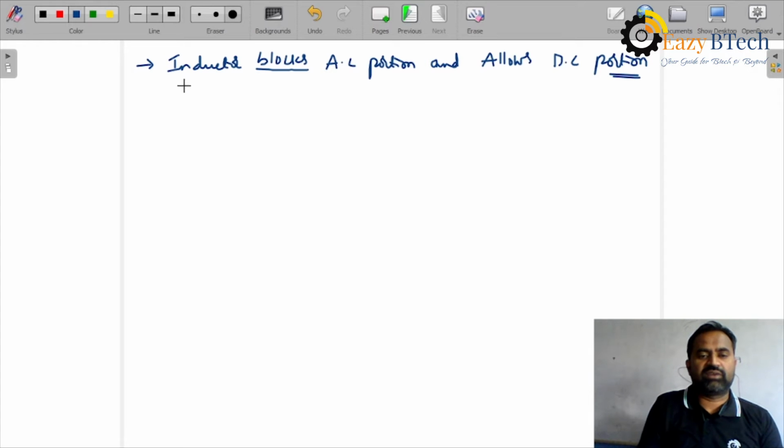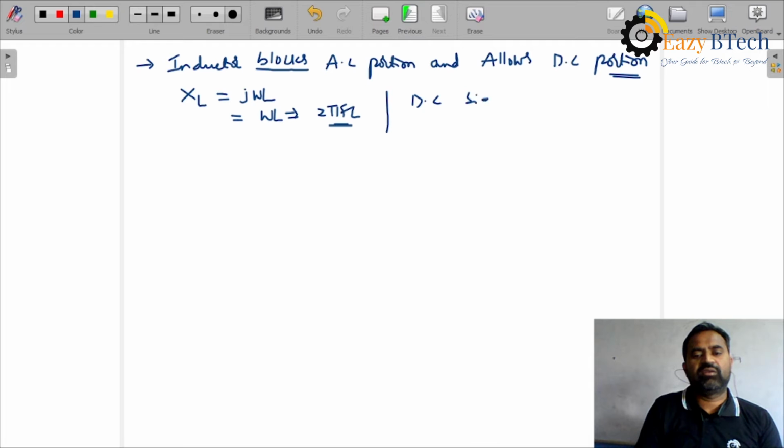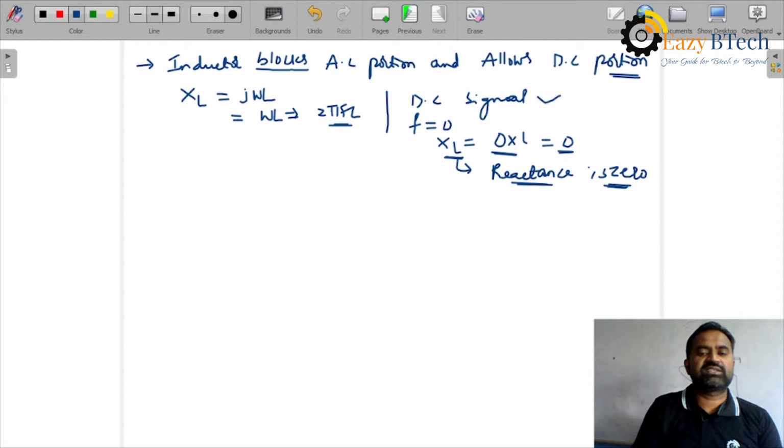The reactance of an inductor, XL, is equal to j omega L, or simply in magnitude, omega L, which is 2 pi f L. We know for a DC signal, f is 0, so XL is equal to 0 into L, which means the inductive reactance is 0 for the DC portion.